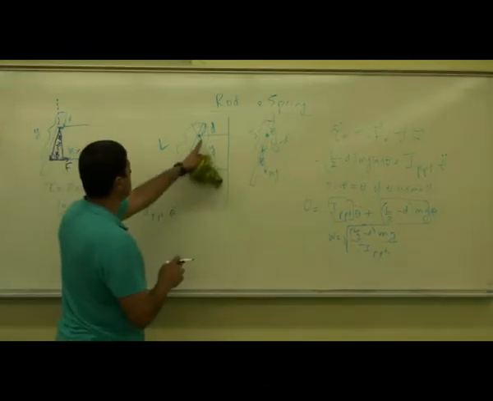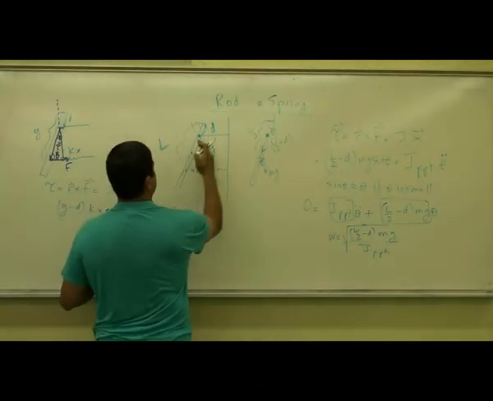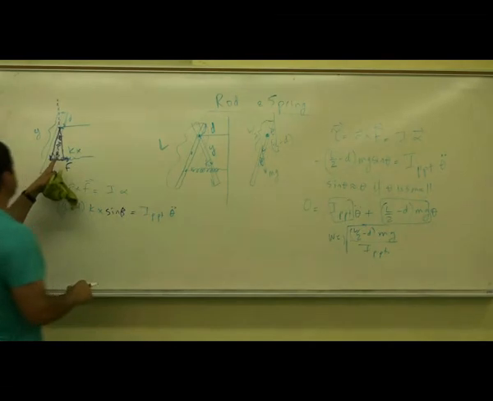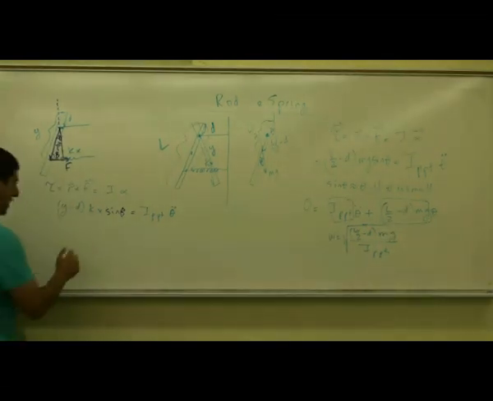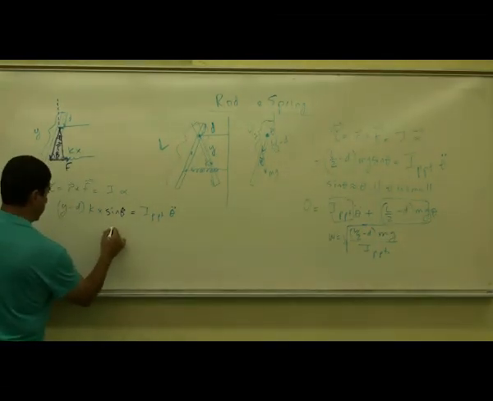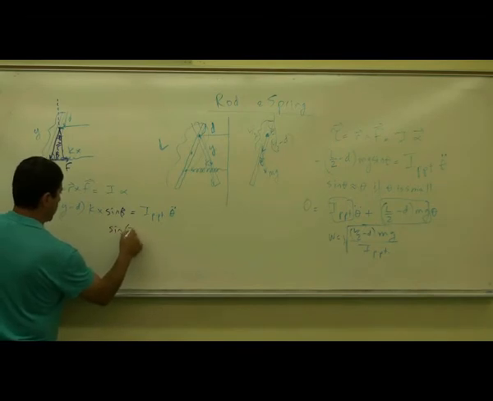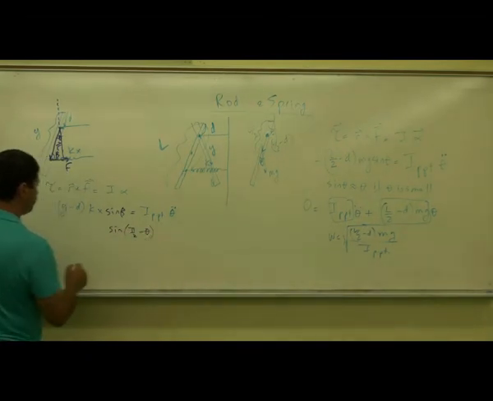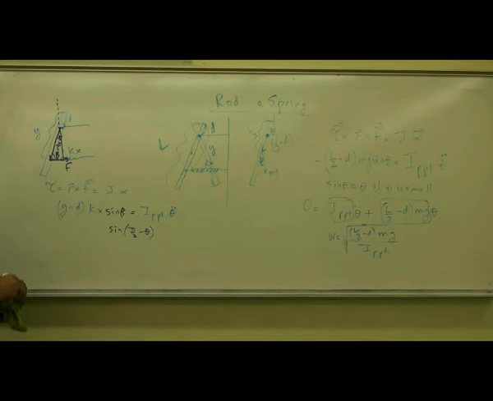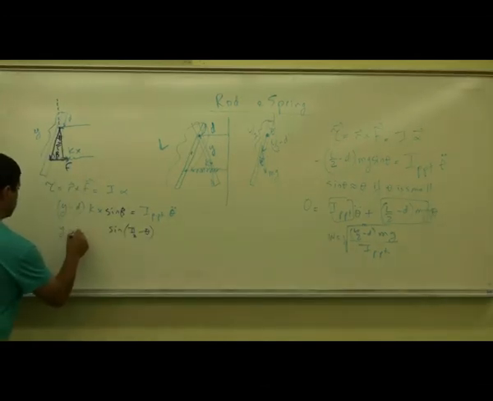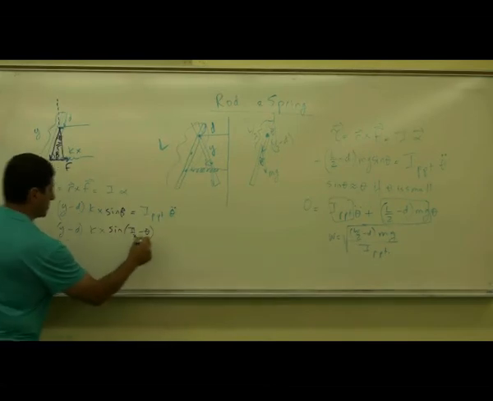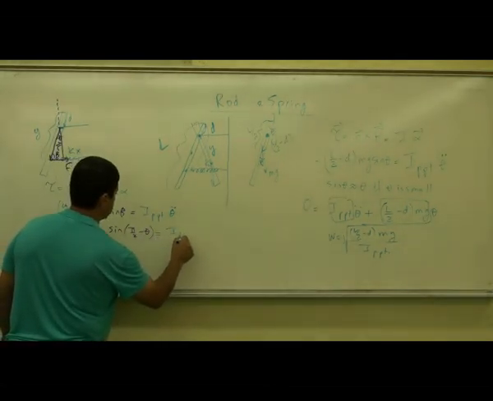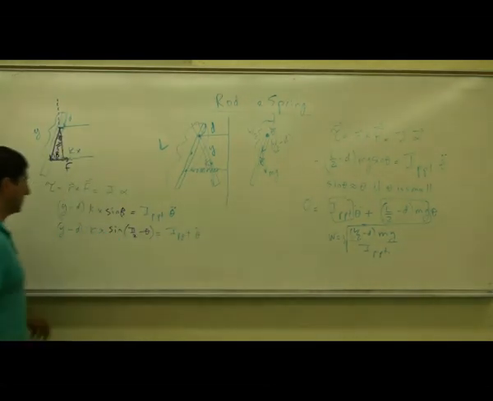Theta is the angle that the rod makes with the vertical as it's rotating. Beta is the complementary angle to that. So we have sine of pi over 2 minus theta. And then, going back to the other color, we have y minus d. Kx is I of pivot point times theta double prime.